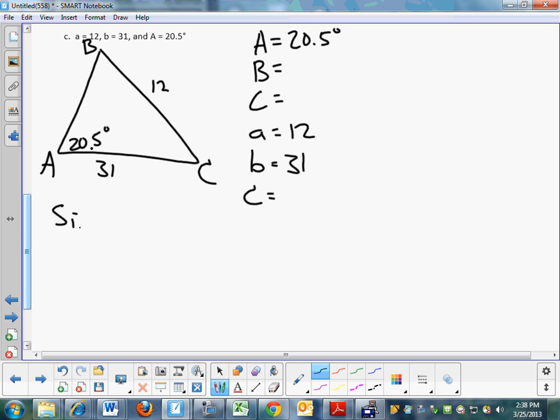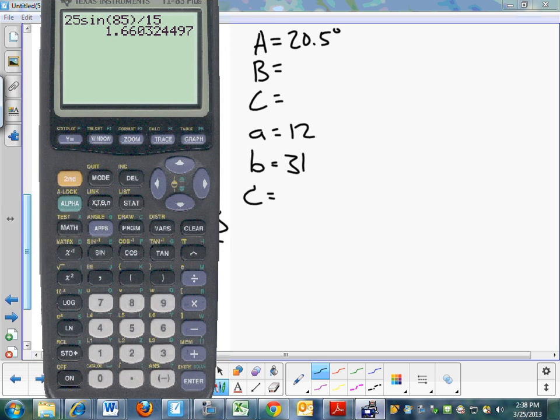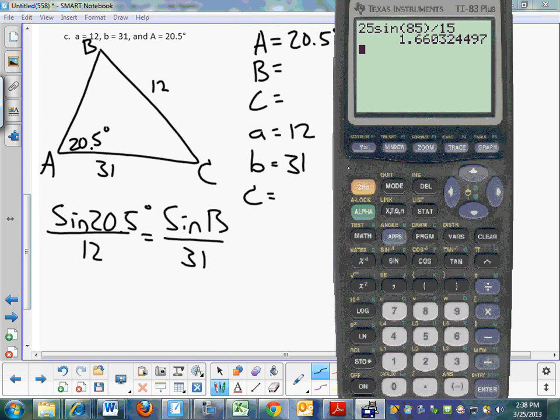So sine of 20.5 divided by 12 equals sine of B divided by 31. Cross multiply. 31 sine of 20.5, make sure you're working in degrees, divided by 12 is 0.9047.